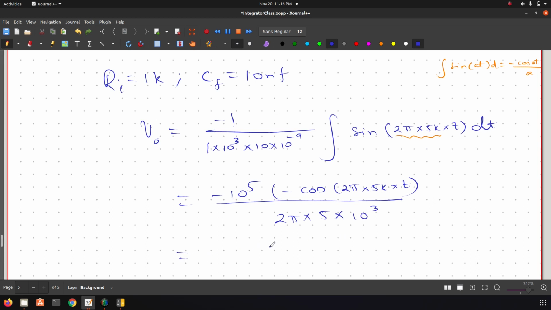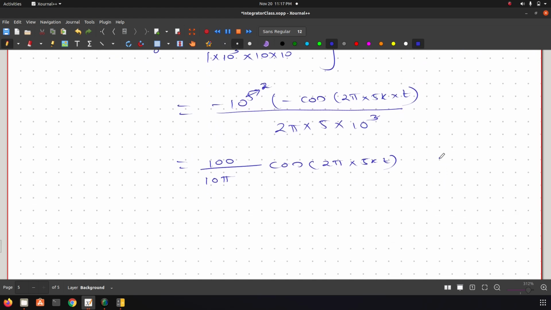Minus and minus is plus, and we have 10 power 5 here and 10 power 3 there, so this becomes 100 by 10 pi, times cos of 2 pi into 5k t.